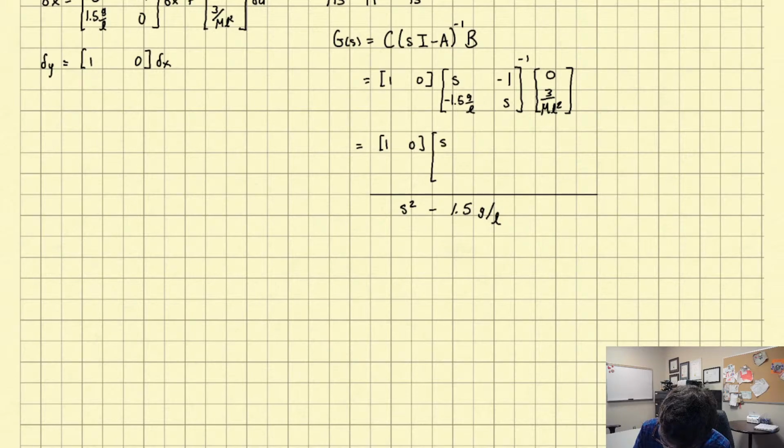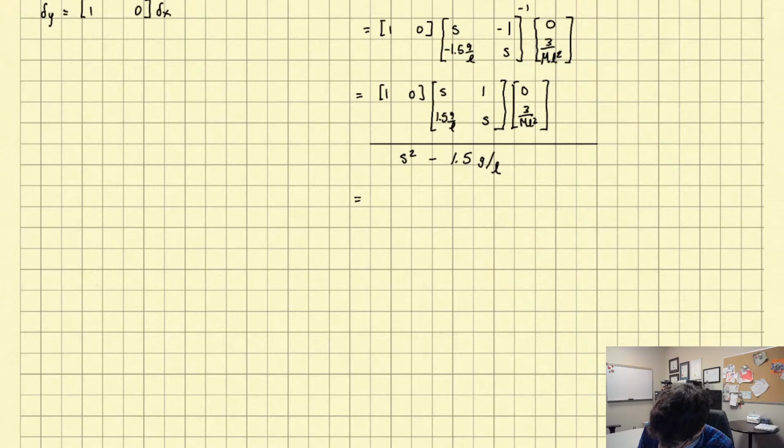Swap the diagonal elements. Change the sign of the anti-diagonal elements. Multiply it out. Okay. And so now we have this transfer function.